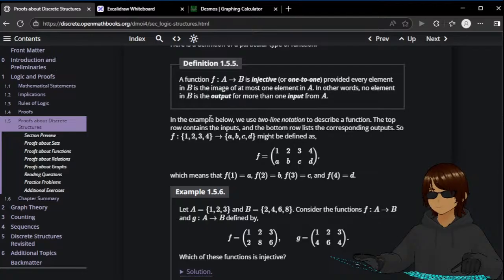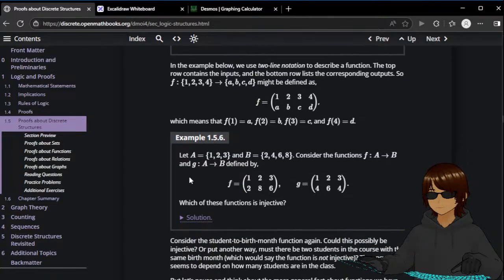In the example below, we use the two-line notation to describe a function. The top row contains the inputs and the bottom row contains the list of the corresponding outputs. So 1, 2, 3, 4 to A, B, C, D might be defined this way. This is like a matrix. Let A be this, B be this.